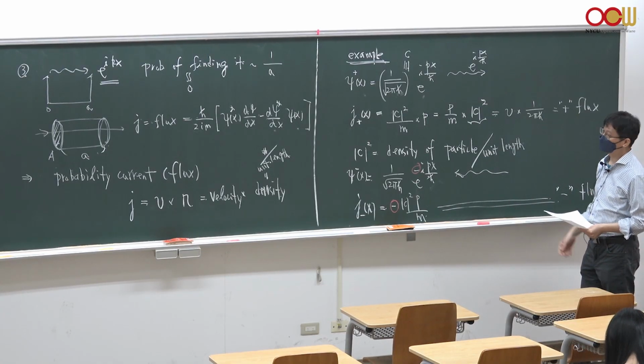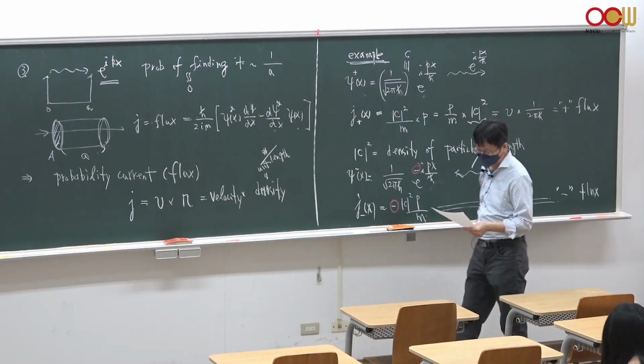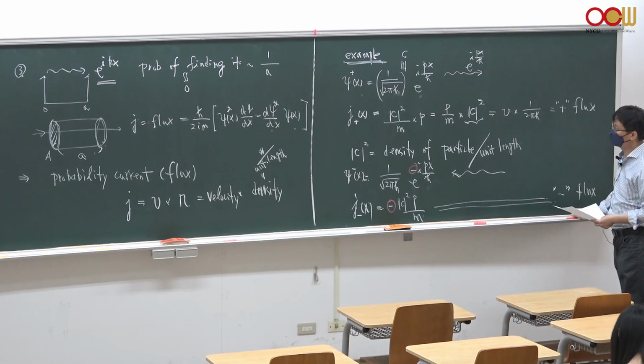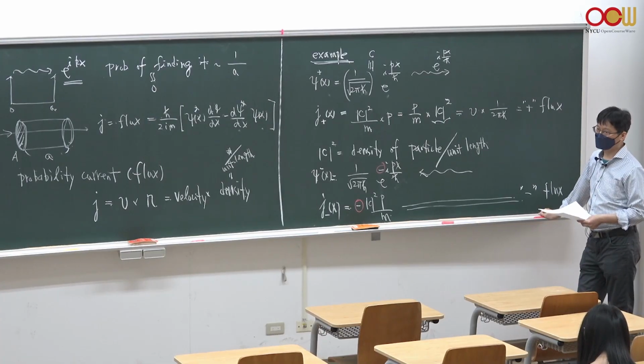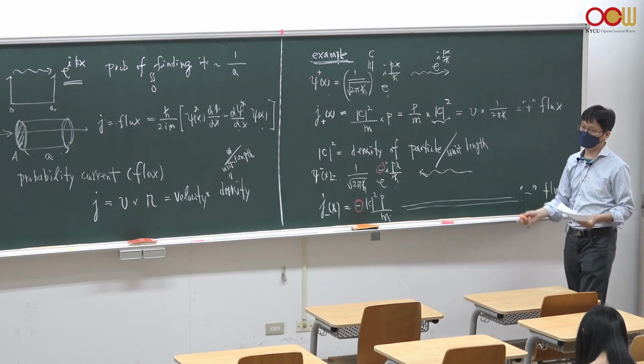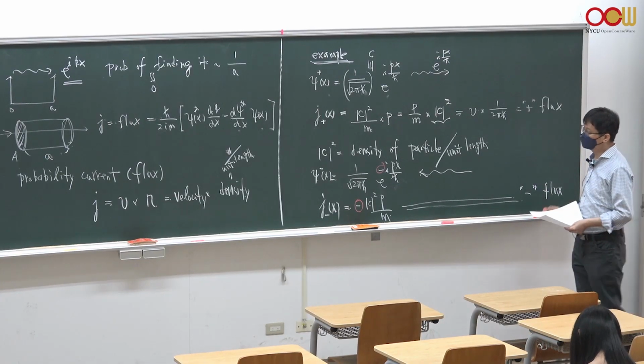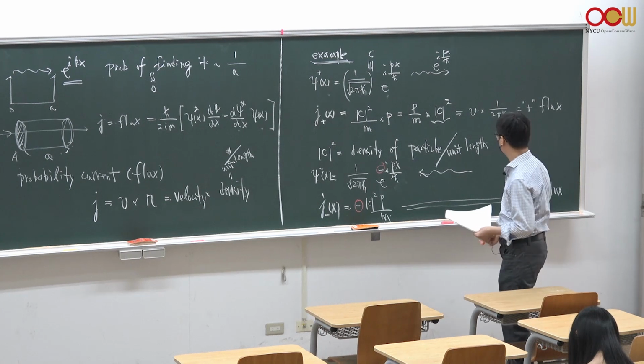We can calculate those fluxes at the interface of this potential profile, and the flux should be conserved. Based on this flux conservation, we are able to solve all these simple one-dimensional potential problems.